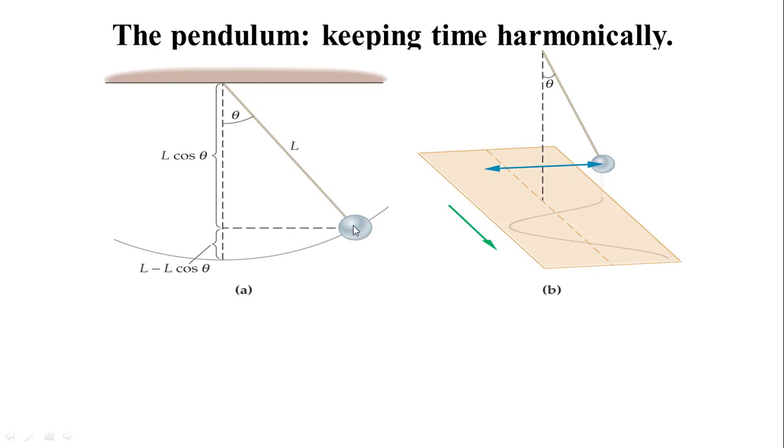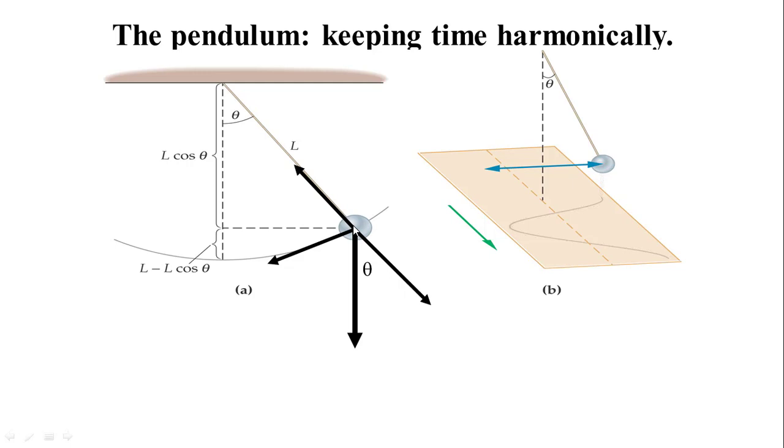So we can write that the tension T acts along the string, and the weight has a vertical component, making angle theta between the weight and W cos theta. The other force is a restoring force toward the mean position.